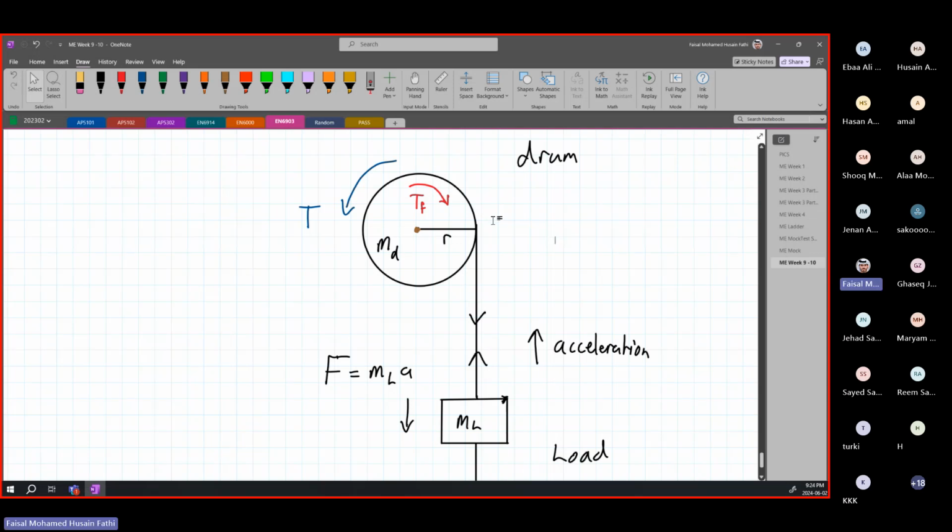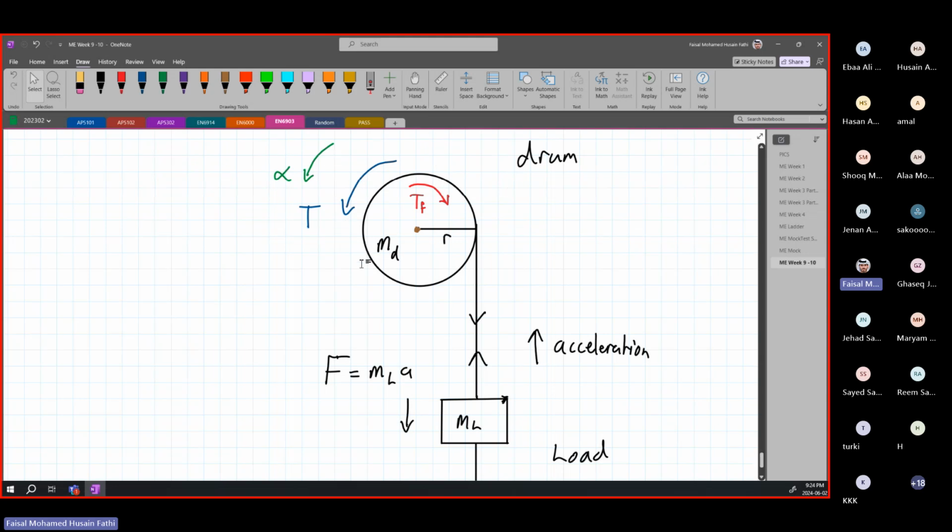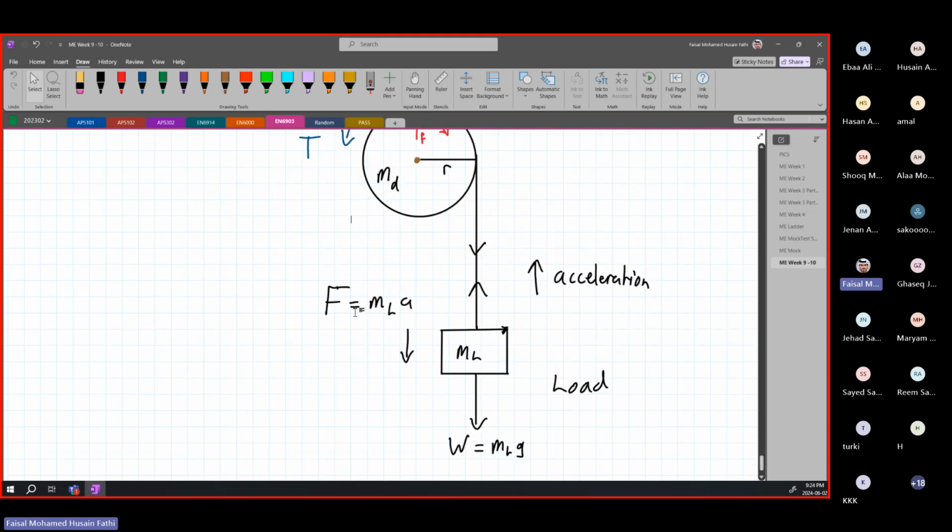The other thing is, now we have an angular acceleration. What is the angular acceleration? So this is alpha. Angular acceleration is in the direction of where the thing is rotating. But similar to the case here, where we have a mass, the acceleration being opposite to the inertial force of it.